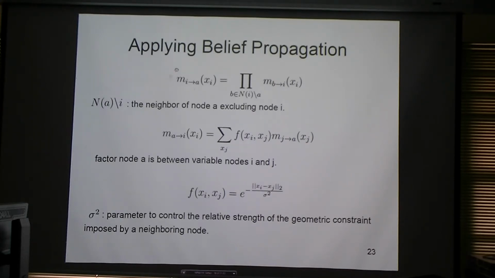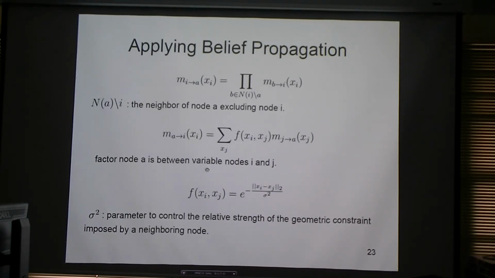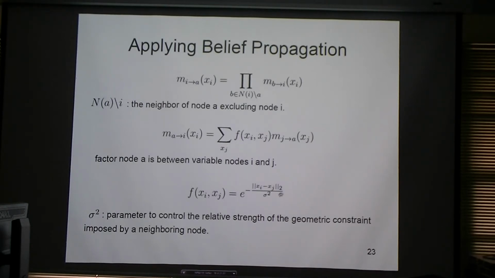For the MIA, you can just use this equation. The definition of NI means the neighbors of node A, excluding node I. For finding the MAI XI, just use this equation, where the factor node A is between variable nodes I and J. The function f(xi, xj) is defined as this equation, and sigma squared is the parameter that controls the relative extent of the geometric contribution by a neighboring node.